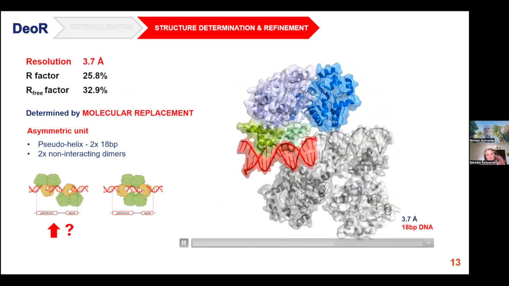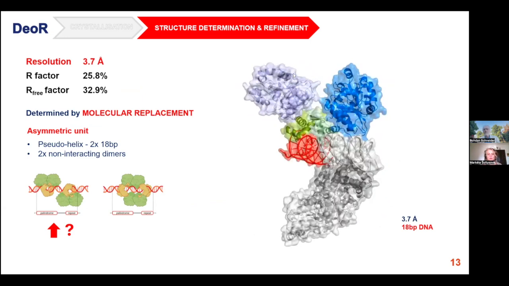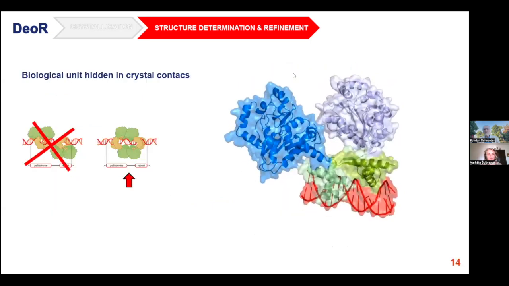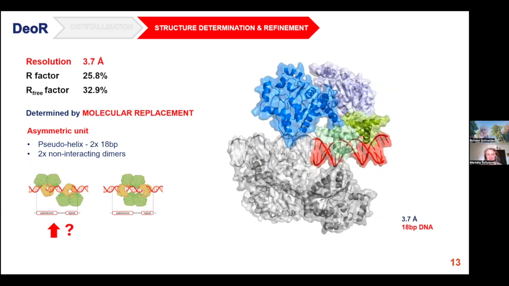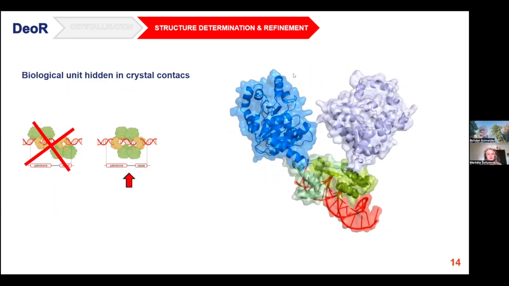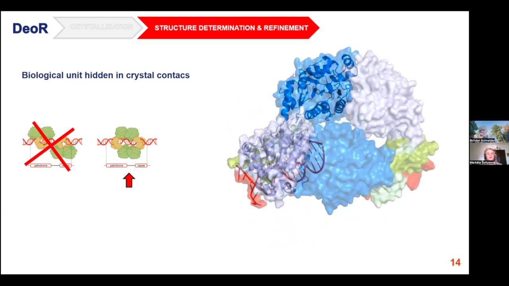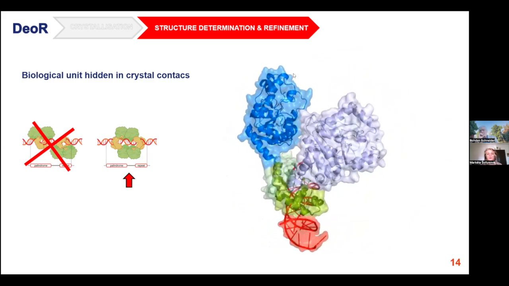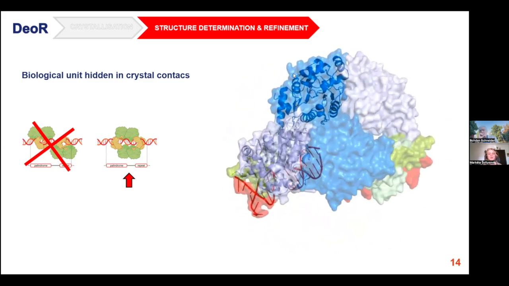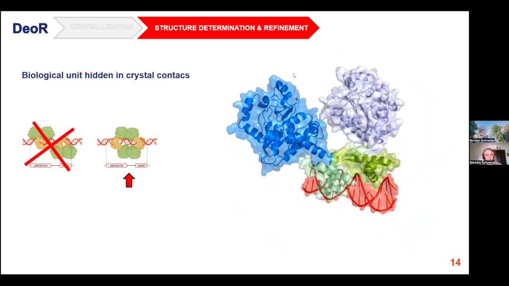And this asymmetric unit might indicate that the biological unit of two separated dimers might be the right one, but the true biological unit we looked for was found by inspection of the crystal contacts, where we found a tetramer formed through interaction of the effector binding domains, analogous to the known SorC apoform structures.